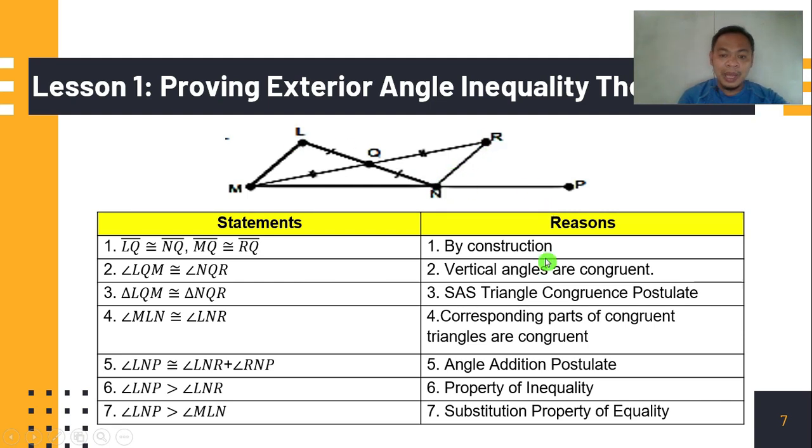That is true, right? Angle addition postulate: if you add angle LNR plus angle RNP, the result is congruent to angle LNP. Okay, so that is the angle addition postulate. Next, statement number 6. Angle LNP is greater than angle LNR. Where is LNP?